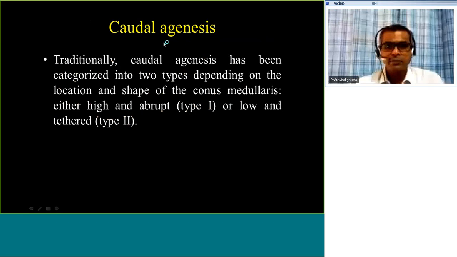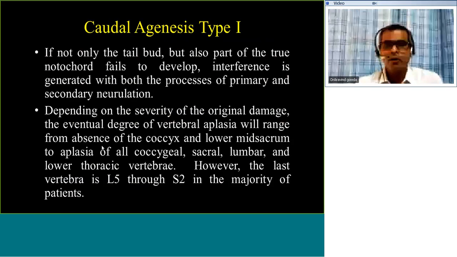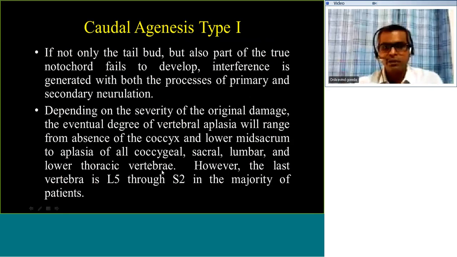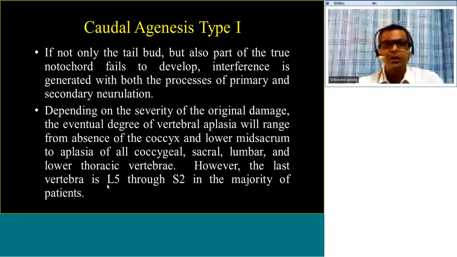Depending on the severity, the eventual degree of vertebral aplasia will range from absence of the coccyx or the lower mid-sacrum to aplasia of all coccygeal, sacral, lumbar, and lower thoracic vertebrae. But usually, in the majority of cases, you will see the vertebrae up to L5, maybe up to S2, and below that the vertebrae may not be seen.